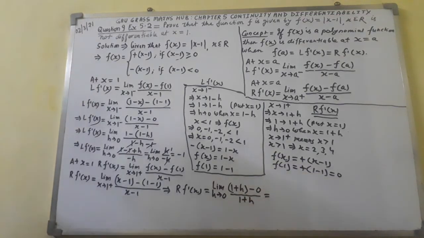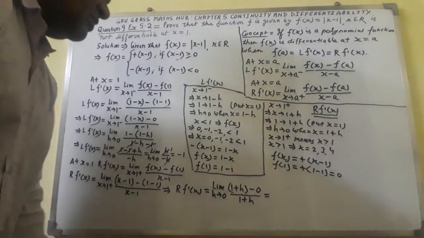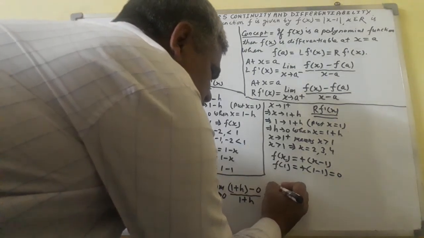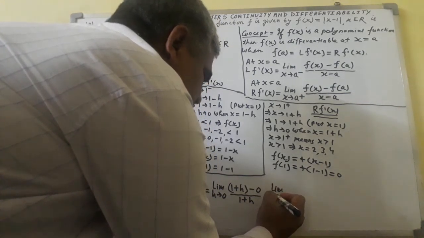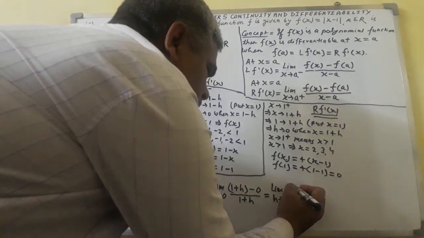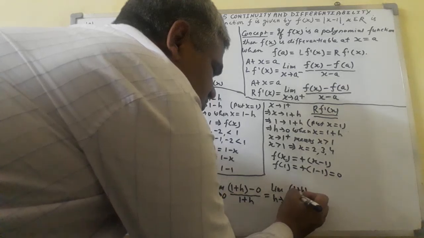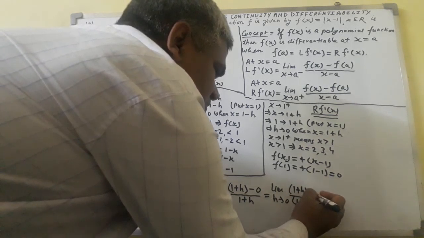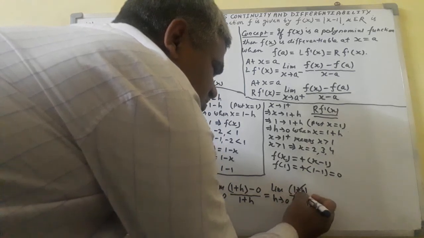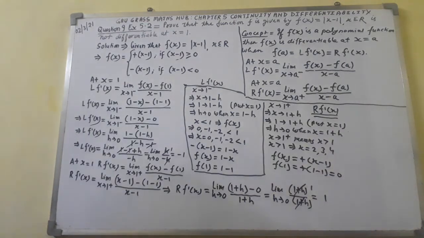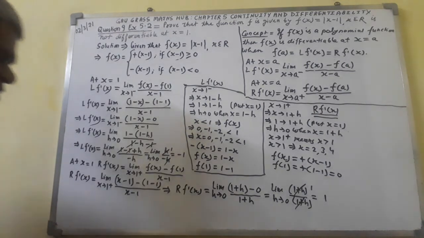Equal to lim h tends to 0, 1 plus h over 1 plus h comes out to here, this we consider 1, we will get here 1. Not 1, let us see.